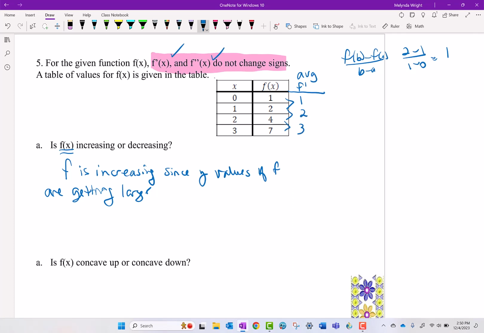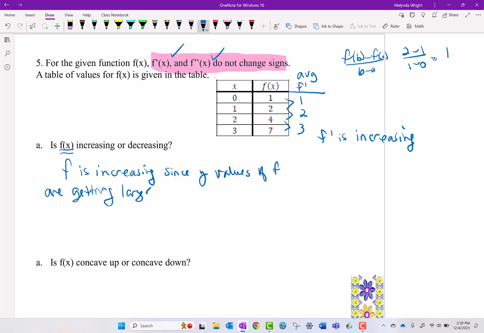So what is happening to f prime? Is f prime increasing or decreasing? Well, according to this calculation, approximating the average f prime, f prime is increasing. Now this should make us think about our concavity lesson a little bit ago. How did that affect concavity?